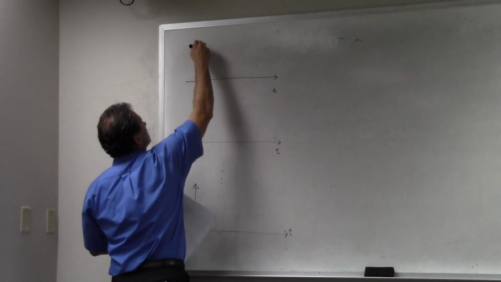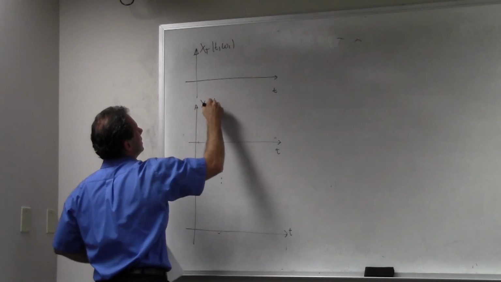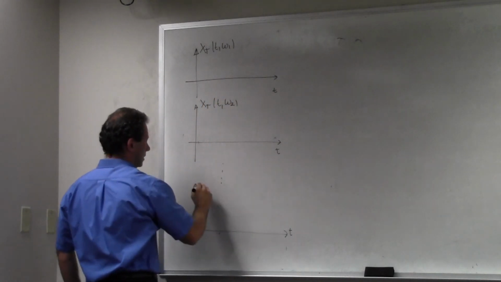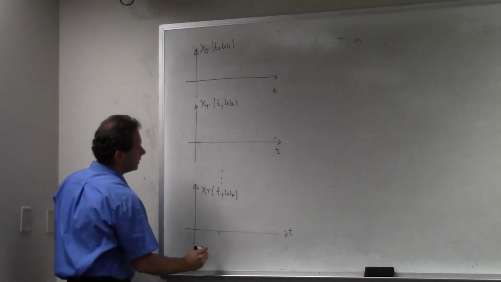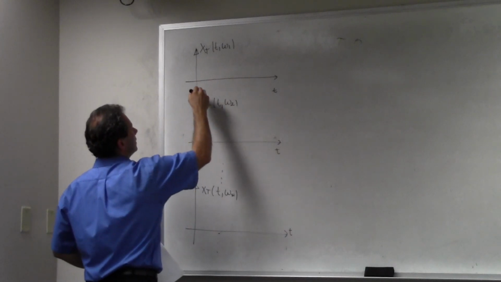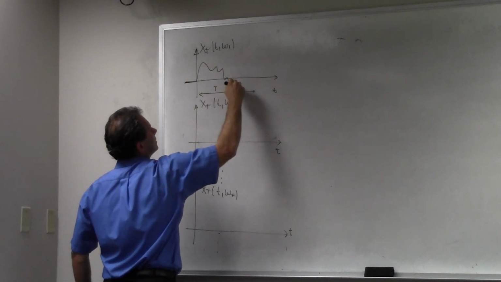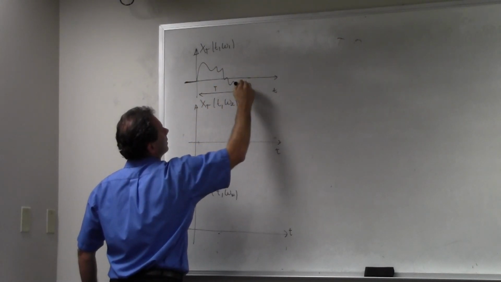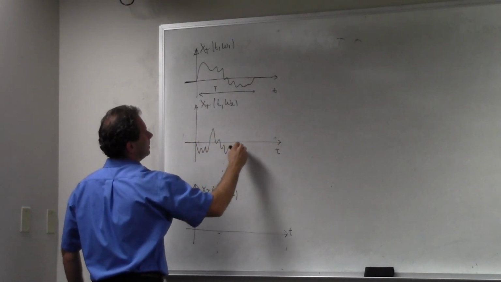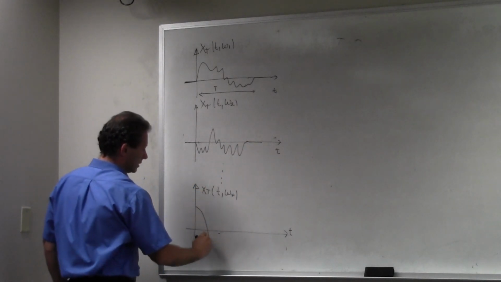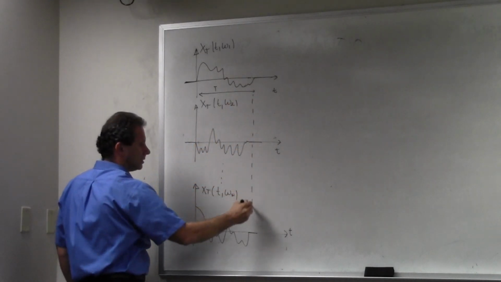So this is my x truncated t omega 1. This is x truncated t omega 2. X truncated t omega n, and so on, right? And I have an interval that's length of t, and before that it's 0, and then it wiggles around and stops here at t. And then this guy does a similar thing, and this guy again does a similar thing. All of them stop at this t.